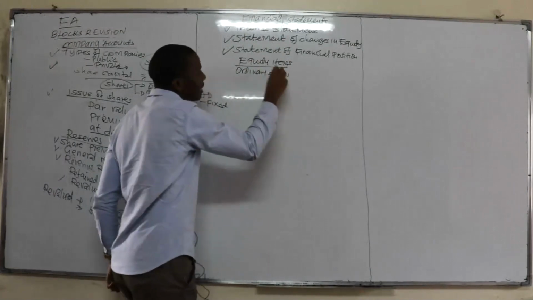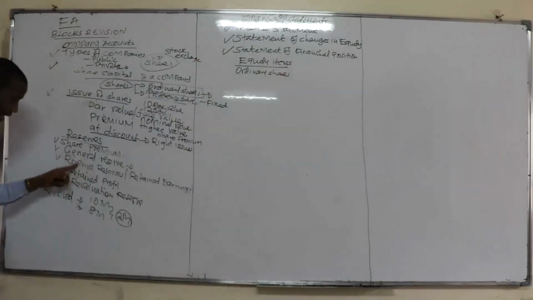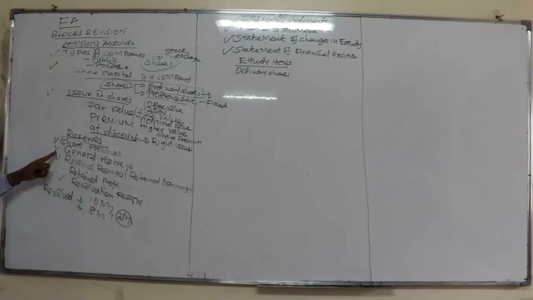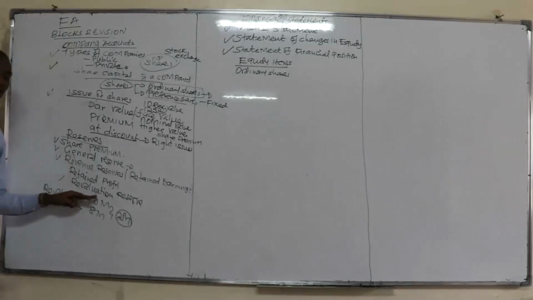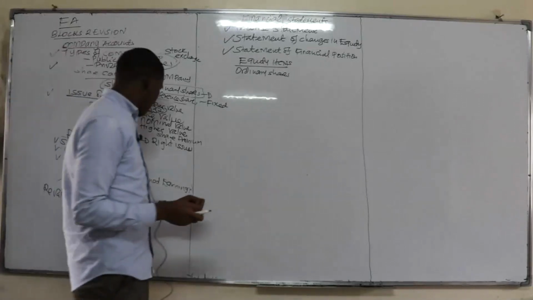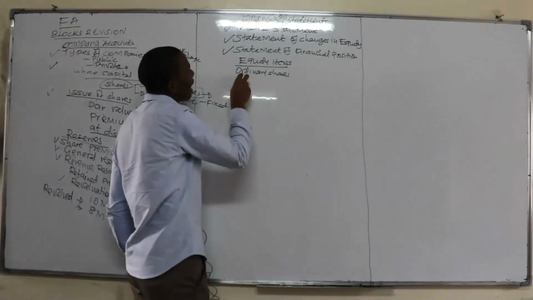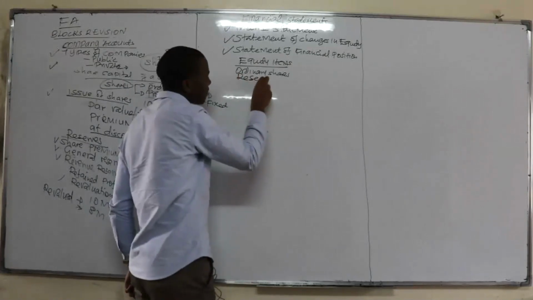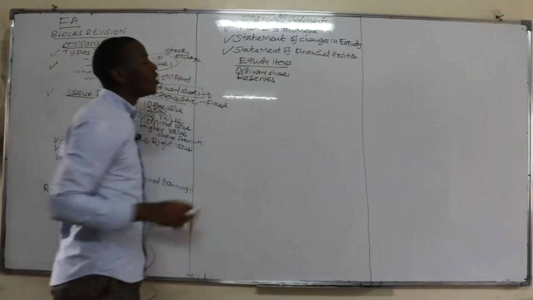That is, share premium, general reserves, the revenue reserves, and all the revaluation reserves. That is what will comprise it.